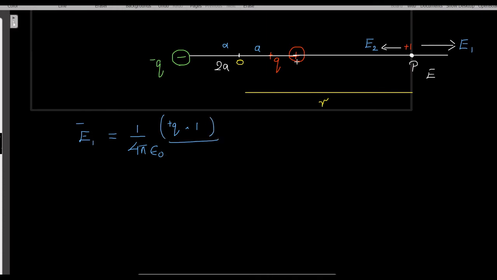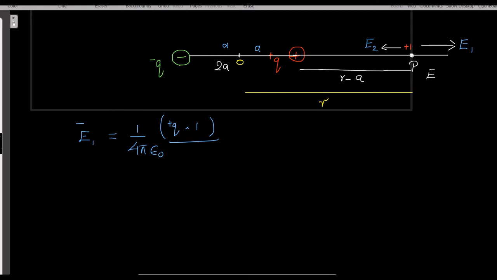What is the distance from plus q to point P? From O to P is r, and O to plus q is a. So the distance from plus q to P must be r minus a.